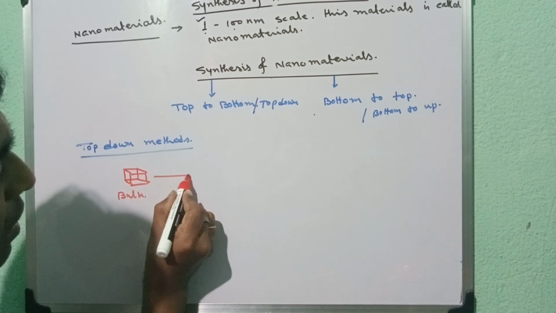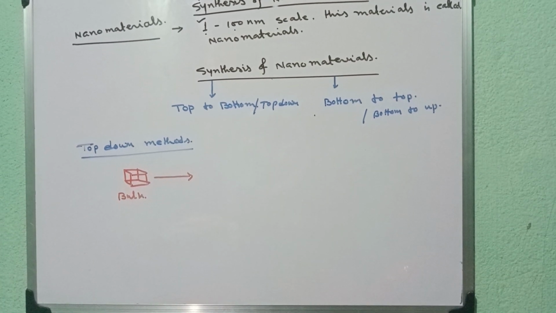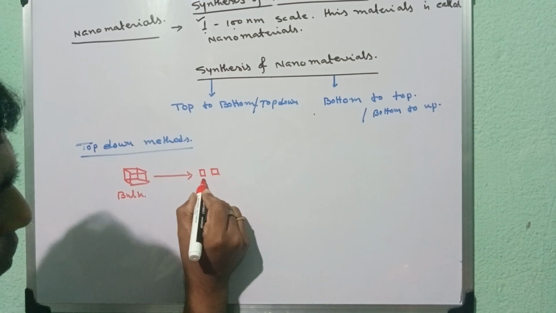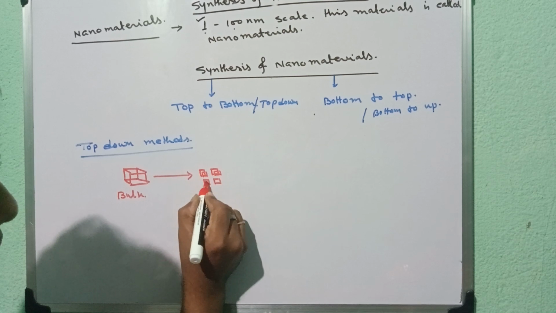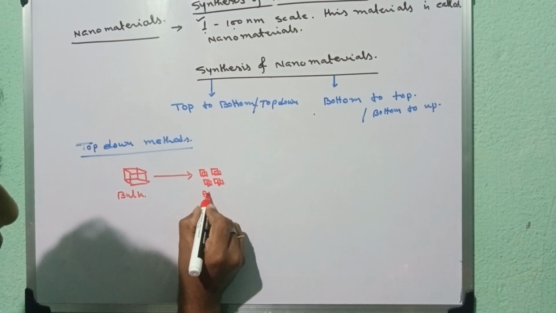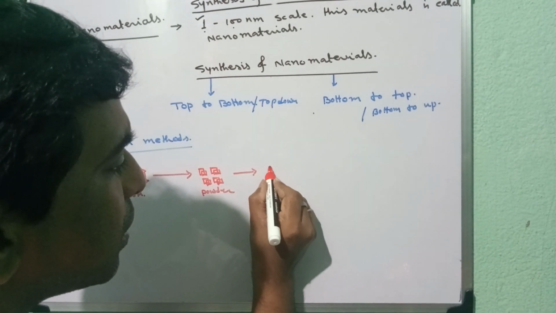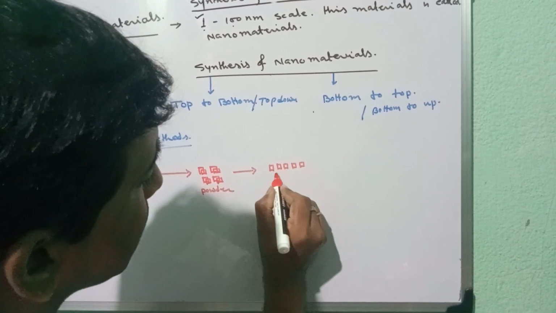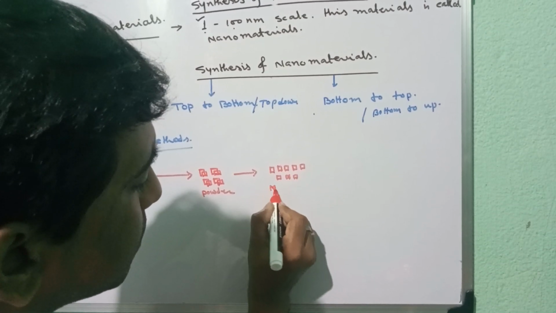After that, this bulk material goes to the form of powder, and after powder it goes to very small particles, which are called nanomaterials.